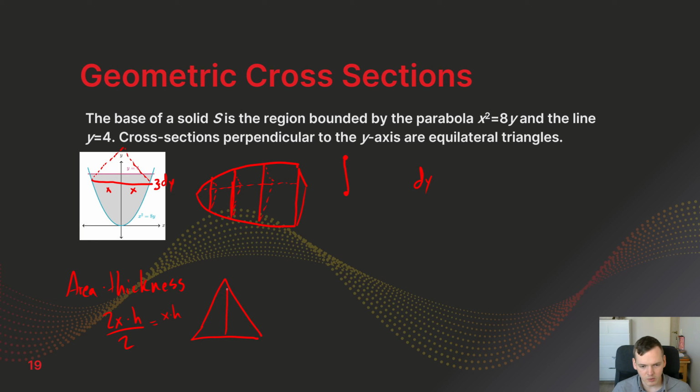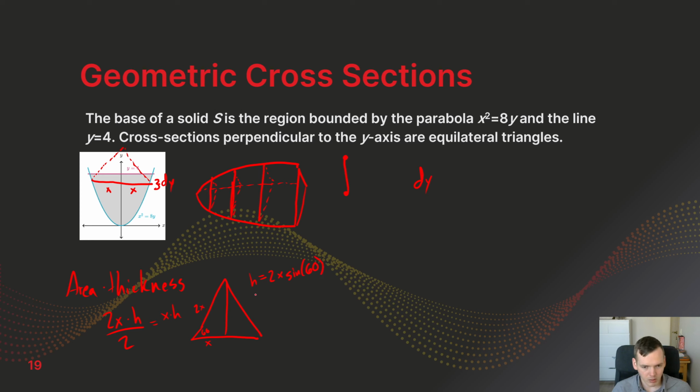Now what's h for an equilateral triangle? Well, we know that this is 60, this is x, and this is 2x, so the height is going to be 2x sine of 60.